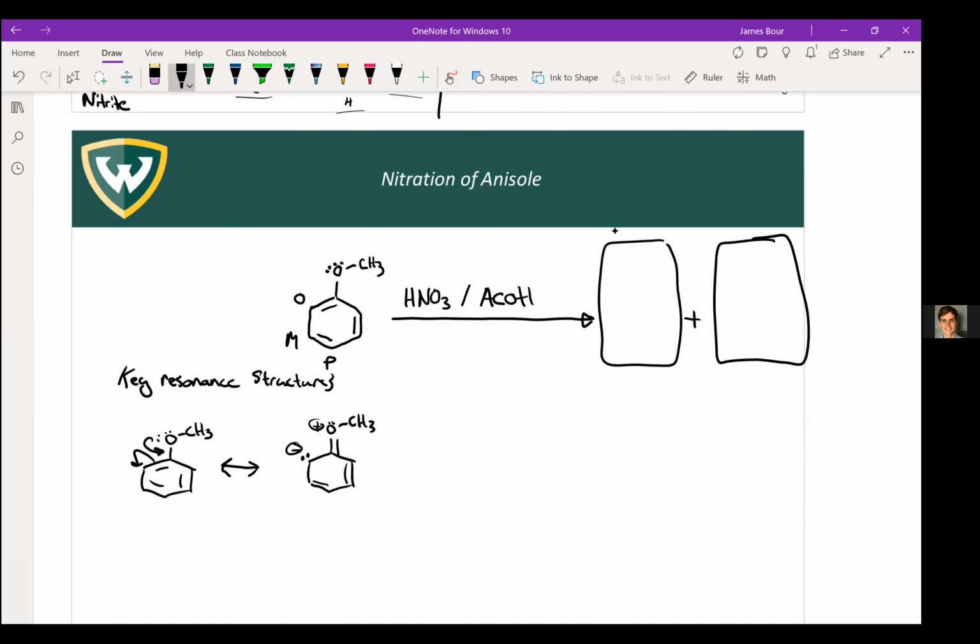It doesn't say that there's an actual anion there. What it's telling us is that the way the electrons slosh in the molecule on average puts a little bit more than we would expect at this position. But these electrons can also be resonated down onto the para position, and that gives us a second resonance structure where there's an anion at the para position.